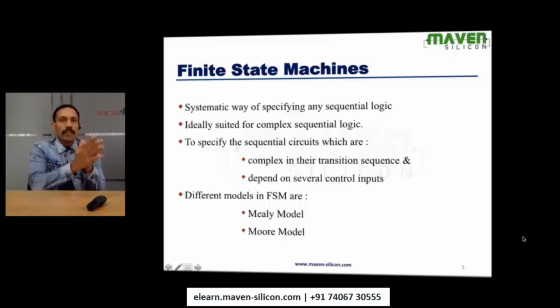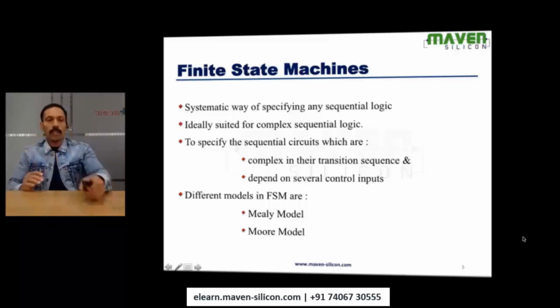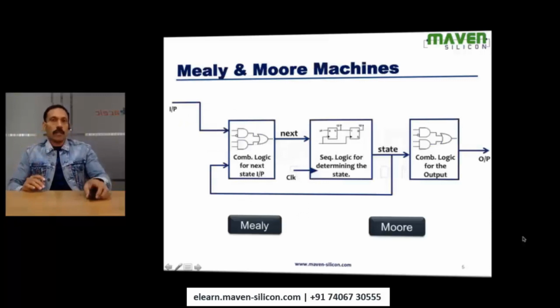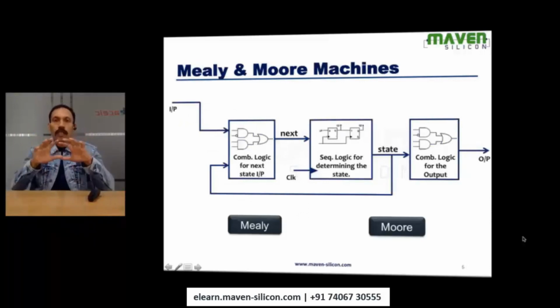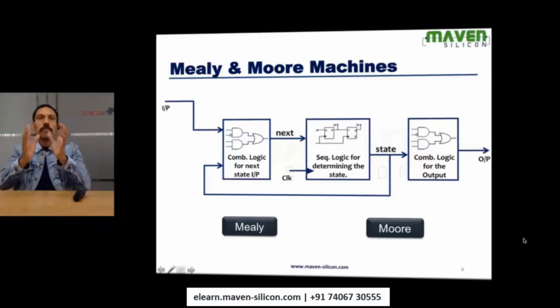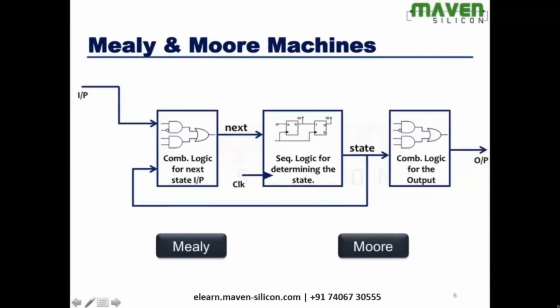Basically, we can classify them into the Mealy model and the Moore model. Now let's look at the difference. Before analyzing the difference between Mealy and Moore, I want you to understand the concept of a finite state machine. You take any FSM, there will be three major blocks. The first one is combinational logic. It's called the next state decoder logic. It produces the next state. Whatever state it produces will be stored in sequential logic.